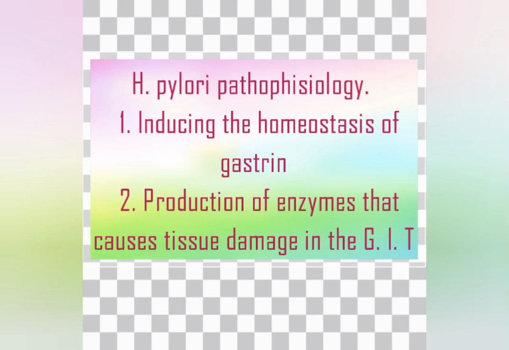It is also found to produce some enzymes which may be involved in causing tissue damage. Additionally, it causes hyperacidity in duodenal ulcer, which results from induced hypergastrinemia.